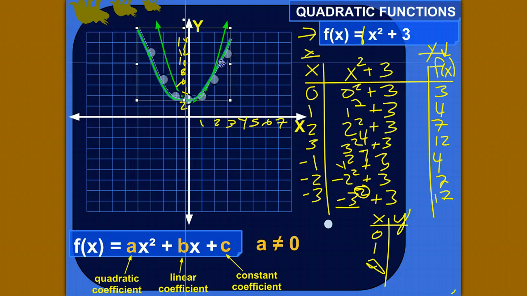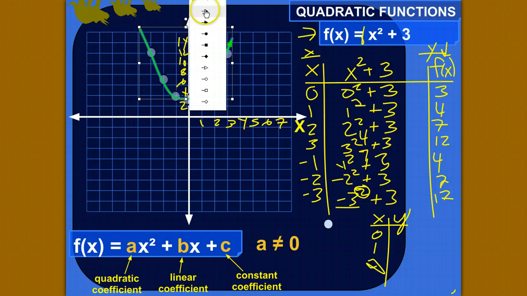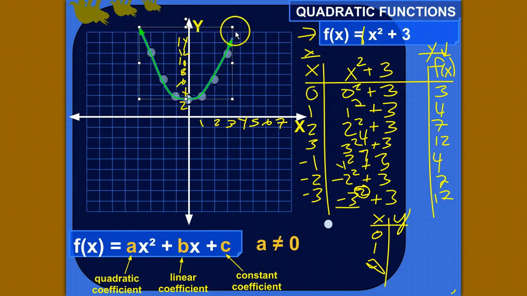Just connect your points and make sure you've got a lowest point or a highest point, depending on which way your parabola opens. If you plug in 7 or 8 or 9 points, that parabola shape should become pretty clear, and then you can just draw your parabola. Actually, let me put arrows at the end, so it goes on forever in both directions.